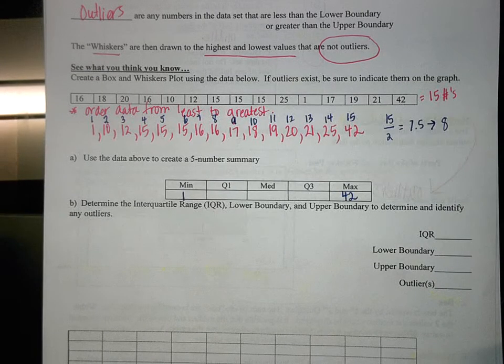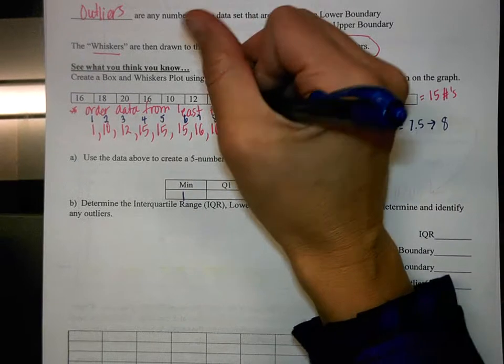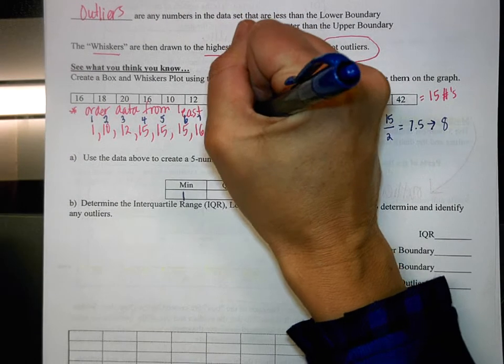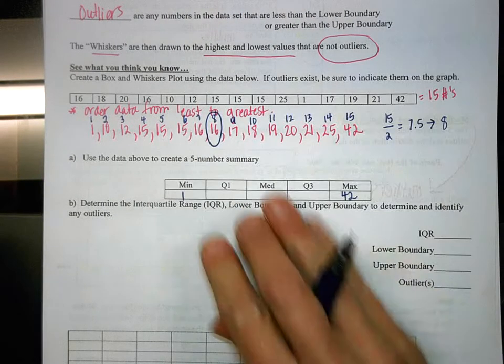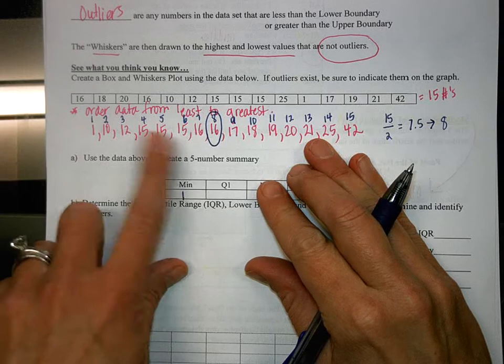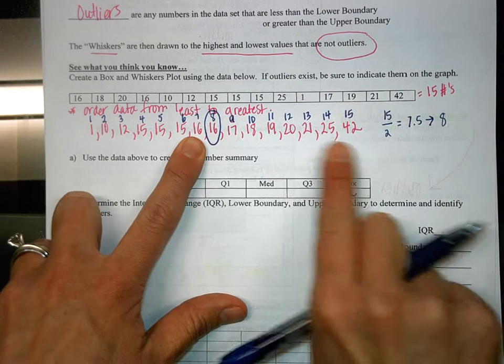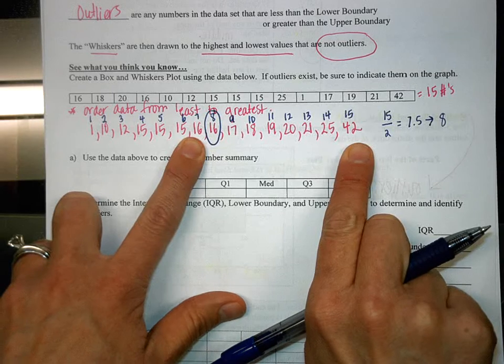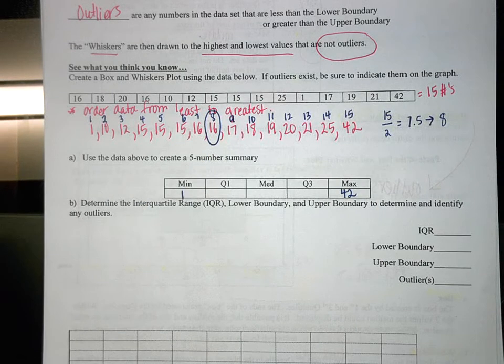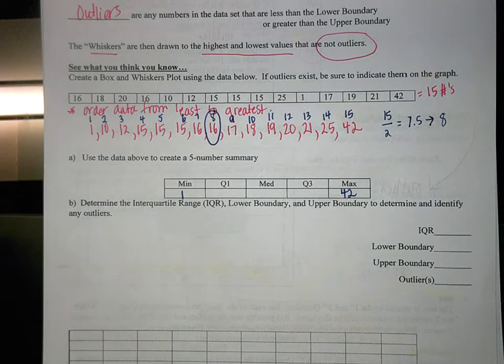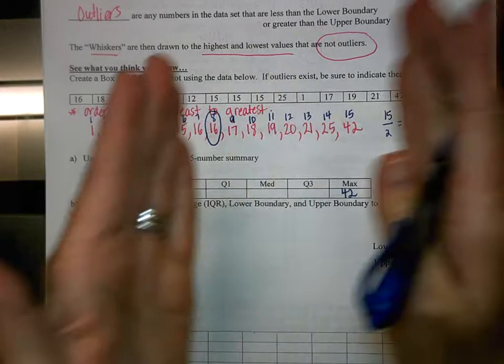Okay? And I'm going to show you this. We're going to circle our 8th number here. And if you count, there are 7 numbers on the left side, and 7 numbers on the right side. Had there been 16 numbers, 16 divided by 2 is 8, and there would be 8 on each side.